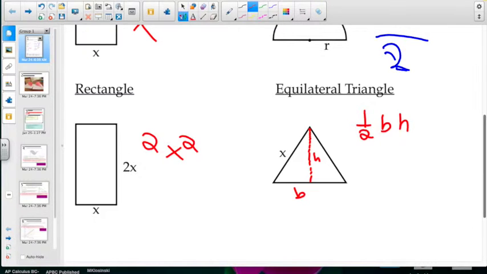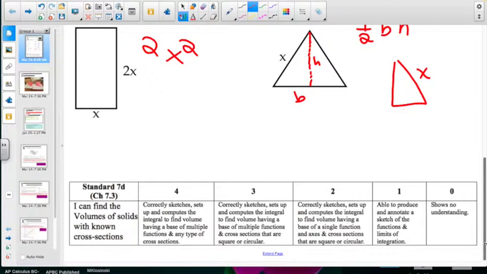If we have a 30, 60, 90, let me try to draw just one of those. Okay, the hypotenuse is how much? That's this, right? This is how much? Half x, right? It's half the bottom, and the bottom is the same length as the sides.